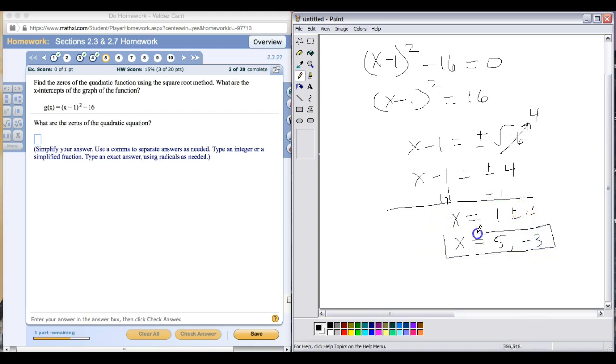So here are our two answers. And so thus this means that if we were graphing this, that at negative 3 right here, and that 5 would be the two places on the x-axis where our graph would have x-intercepts. So our function would look like that.